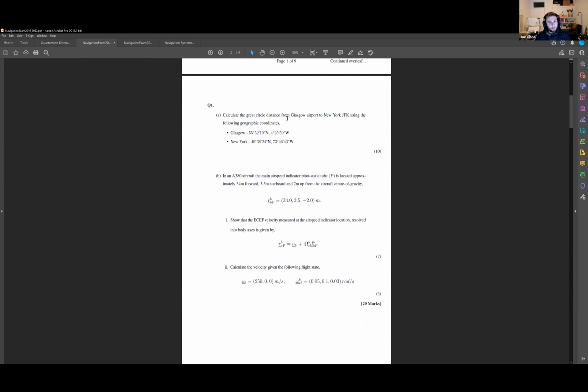Basically the question is asking, can we calculate the great circle distance from Glasgow Airport and New York? And it defines each of these locations in latitude and longitude. First thing to note is make sure that these are north and west. Sometimes these could be east and south, and if that's the case, then you're going to need to translate them to make sure they're in the correct format for the equations we're going to use.